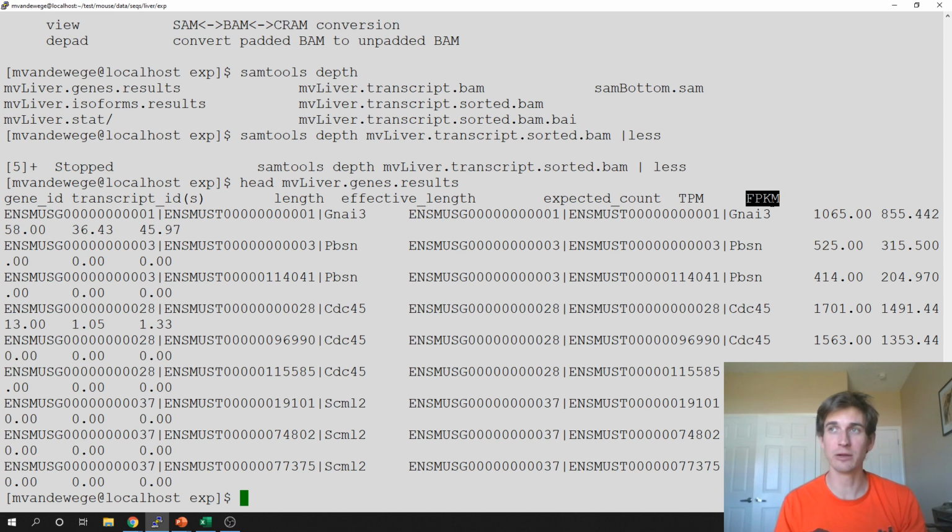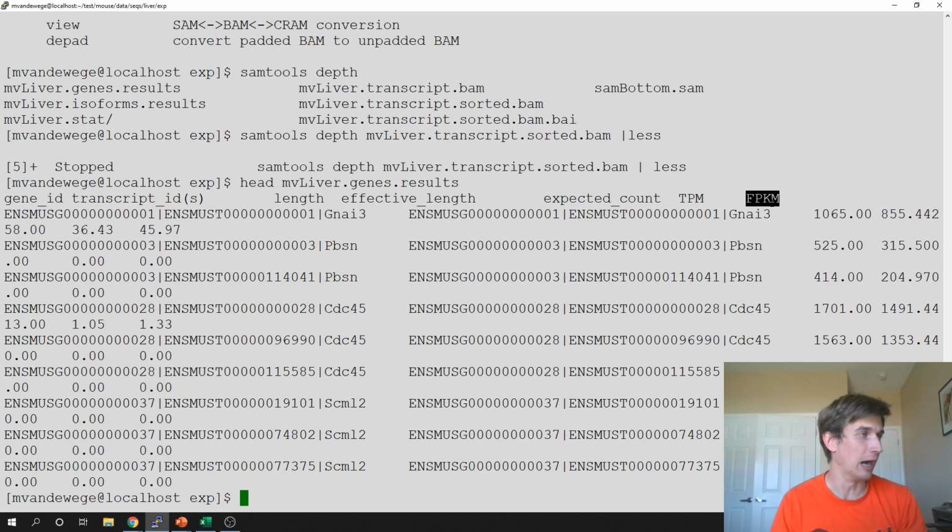And then the per million is the million number of reads. So if we have 2 million reads that mapped, we may have 58 reads that map to a 3 kilobase gene, but we're also going to divide by the number of reads in terms of millions.